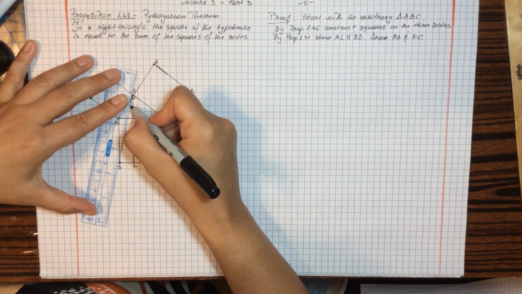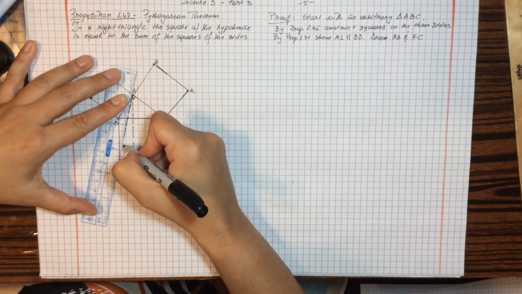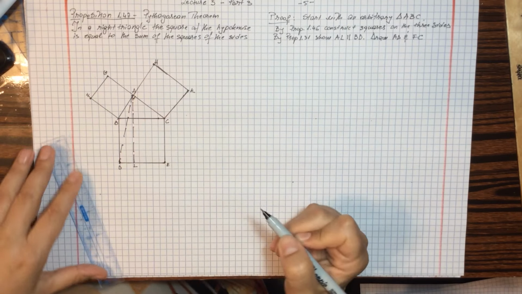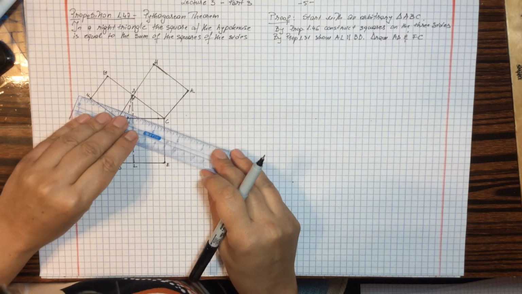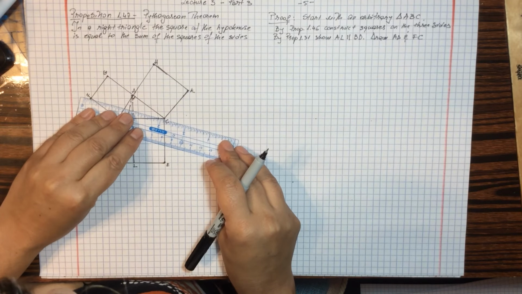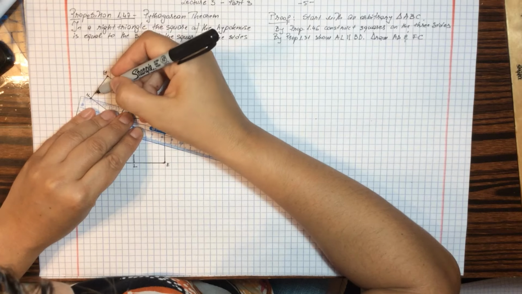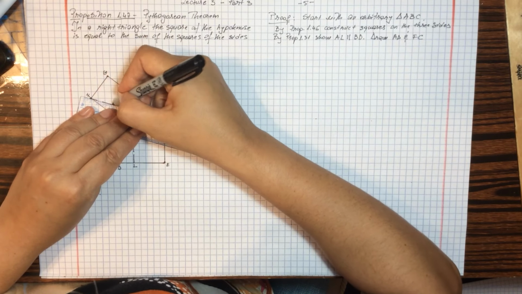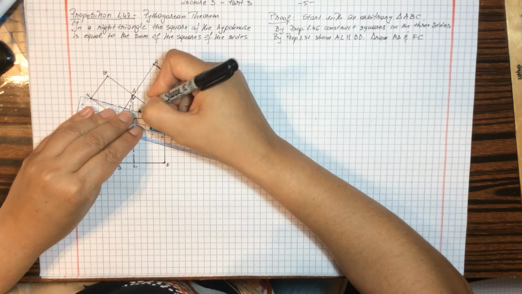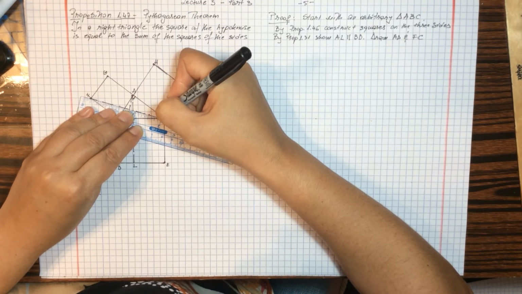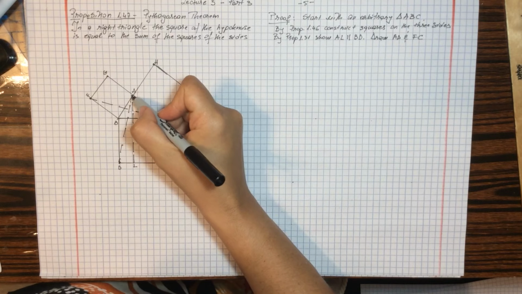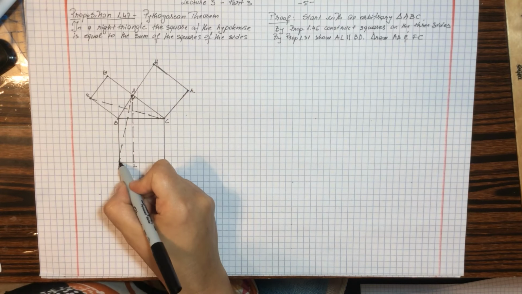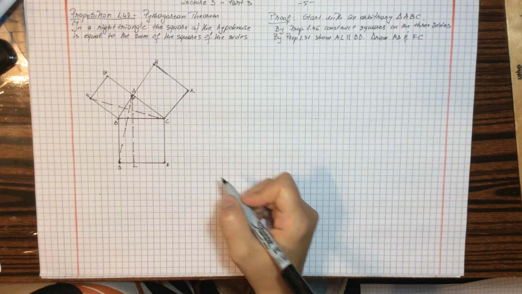So I connect A with D. And line FC on this other line here. Okay, line AD and line FC.